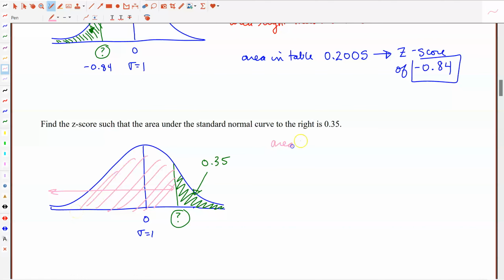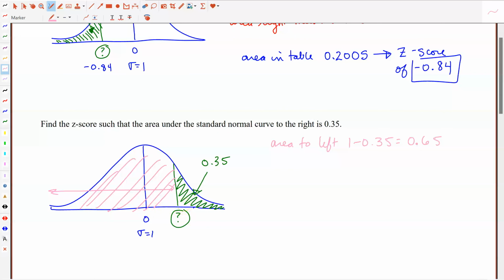So the area to the left would be 1 minus 0.35, or 0.65. So that's the value I'm going to start looking for in my table. What is the z-score such that the area to the left of it is 0.65? I expect that z-score to be positive, right? Because it's going to be to the right of 0 looking at my curve.